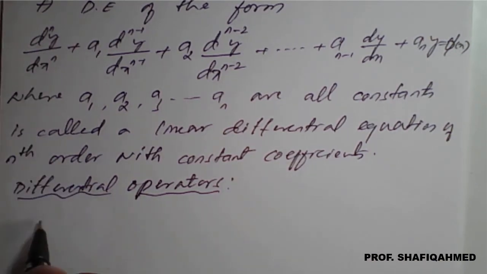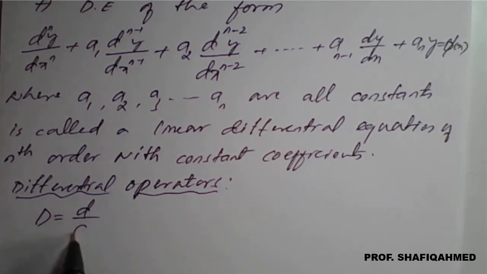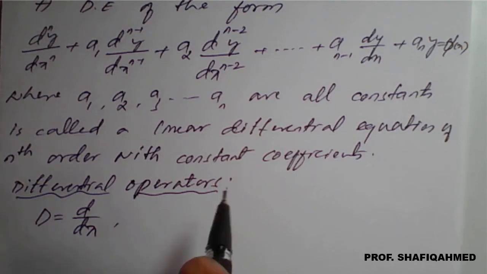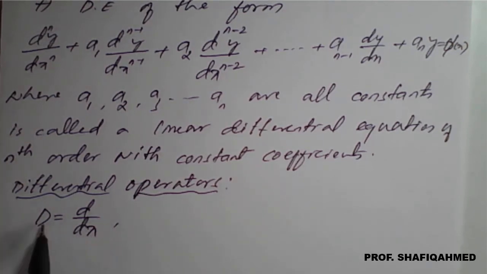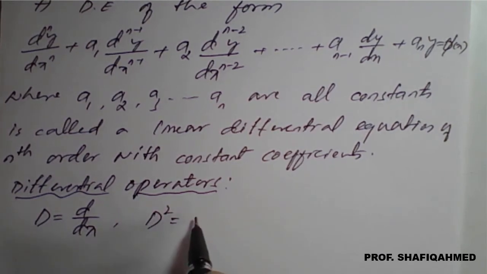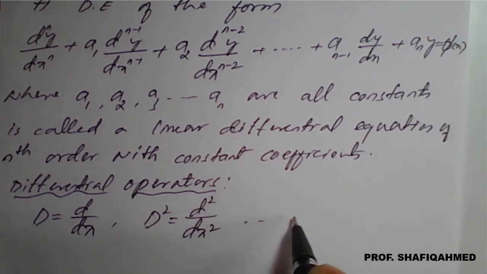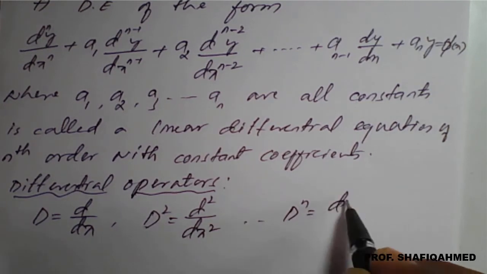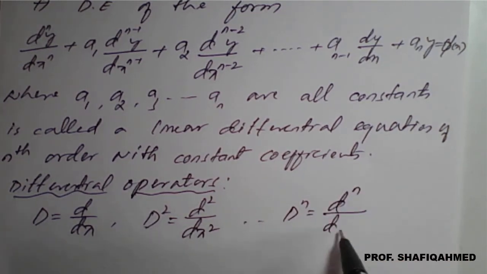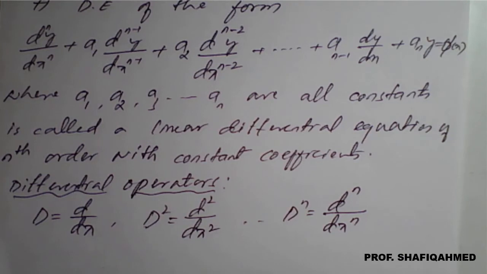Here we'll say D is equal to d by dx. Wherever we get d by dx we replace it with capital D, and d square by dx square is replaced by D square. Similarly, d raised to n upon dx raised to n is replaced by D raised to n. So D square, D raised to n and so on are nothing but differential operators.